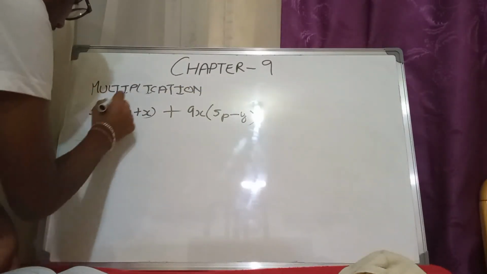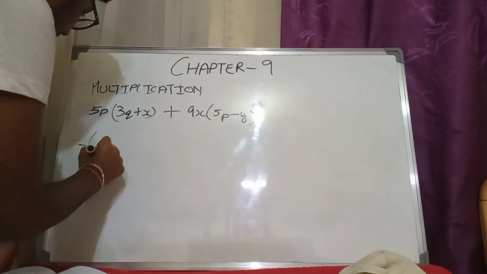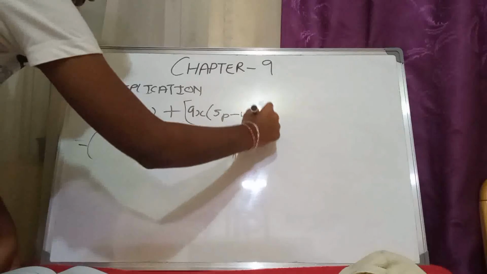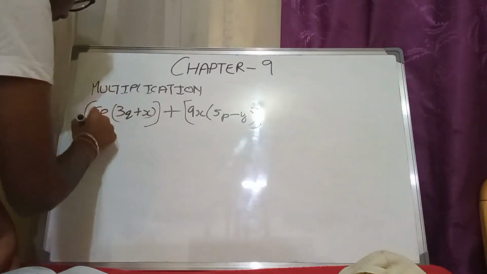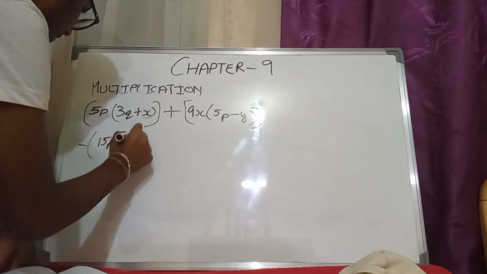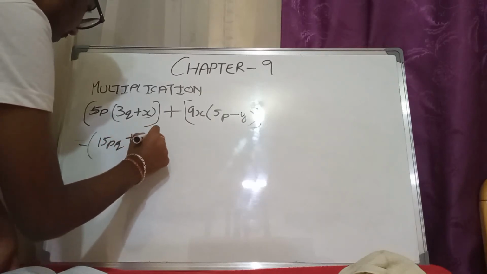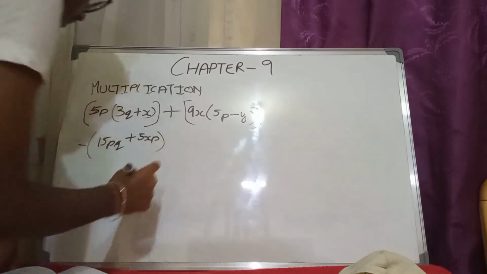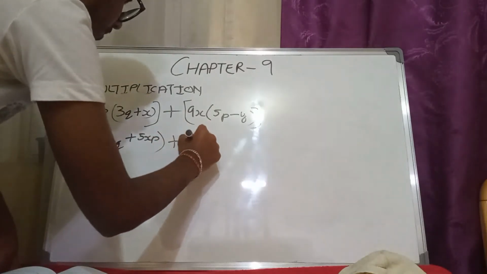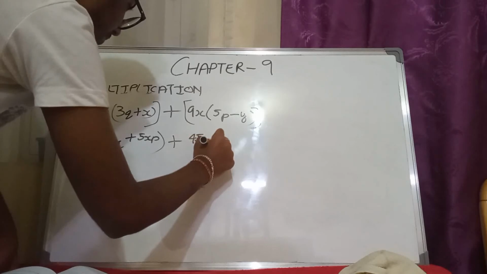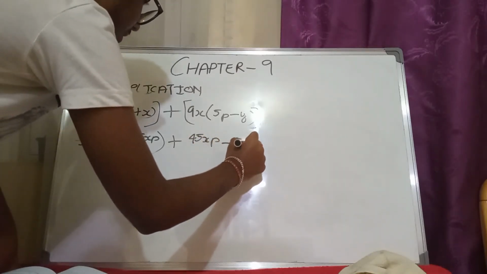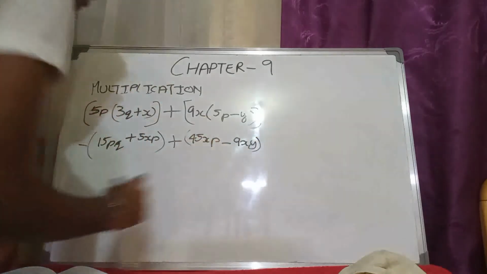We will solve the brackets first, taking each in a bracket for separating them out. So we'll get 15pq plus 5xp, this is the first thing. Then plus 45xp minus 9xy, this is the second thing.